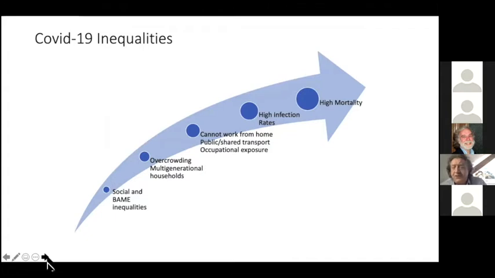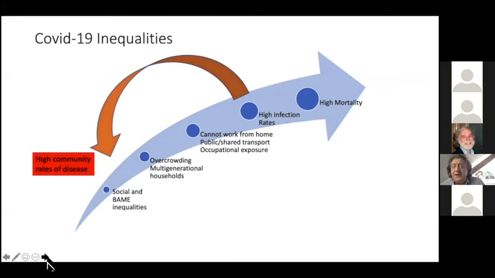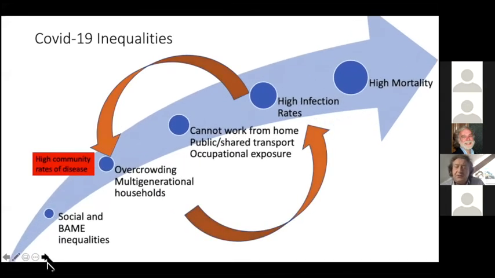So social inequalities and ethnic minority inequalities are linked to concepts like overcrowding, multi-generational households, people in those groups also being much less likely to be able to work from home, more likely to be using public or shared transport, and having the sorts of occupations where they maybe have high levels of exposure to the public, or indeed in healthcare, which in turn leads to high infection rates. But because this is a dynamic disease, they'll be returning to their communities with those high infection rates, which will further drive this cycle of inequalities and mortality differentials between different ethnic groups, different social groups.